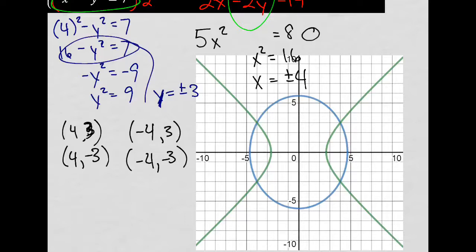And notice, 4, 3; 4, negative 3; negative 4, 3; and negative 4, negative 3. Those are the four places where these particular graphs overlap. And so these are our solutions.